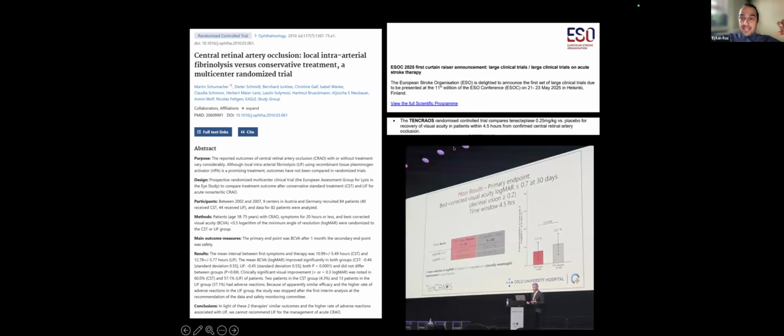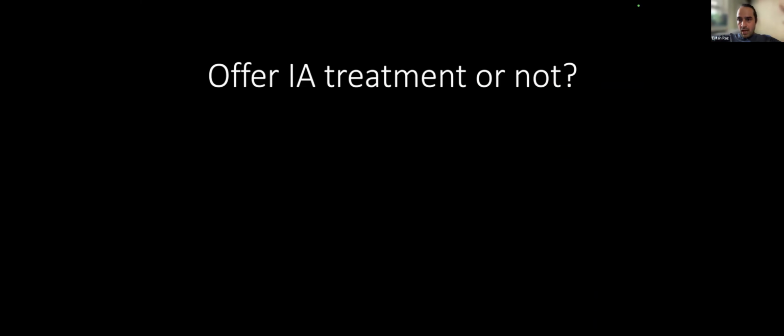And then more recently, presented at the European Stroke Conference, was the trial with TNK that didn't show effectiveness. Now, is it something we would consider to offer IA treatment or not?